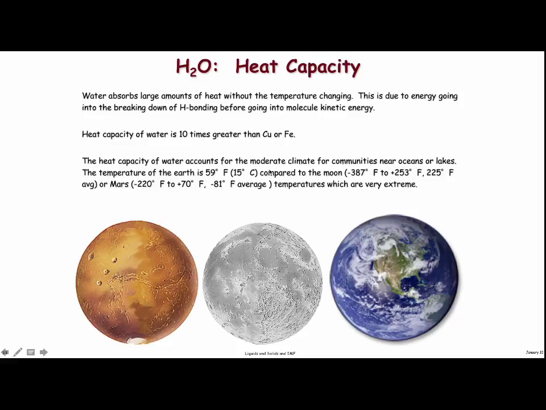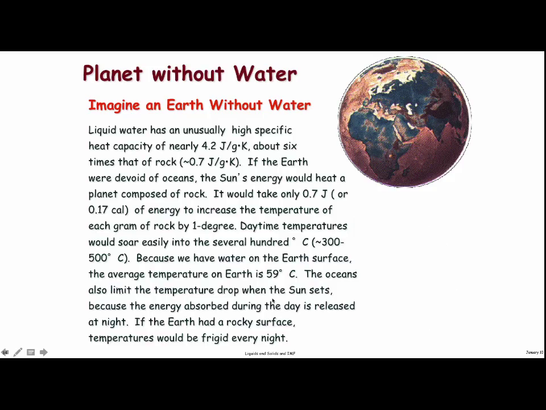Planet Earth, basically the temperature is pretty mild. It has an average temperature of 59 degrees. Imagine a planet without water. If we were solid rock, then there would be no substance to absorb the heat from the sun.